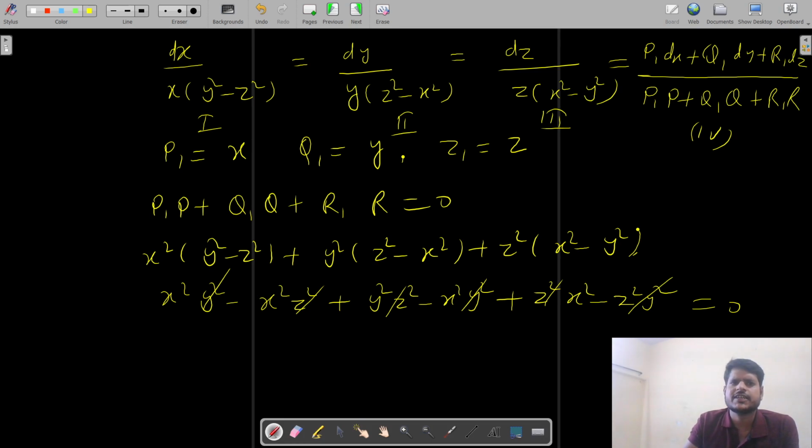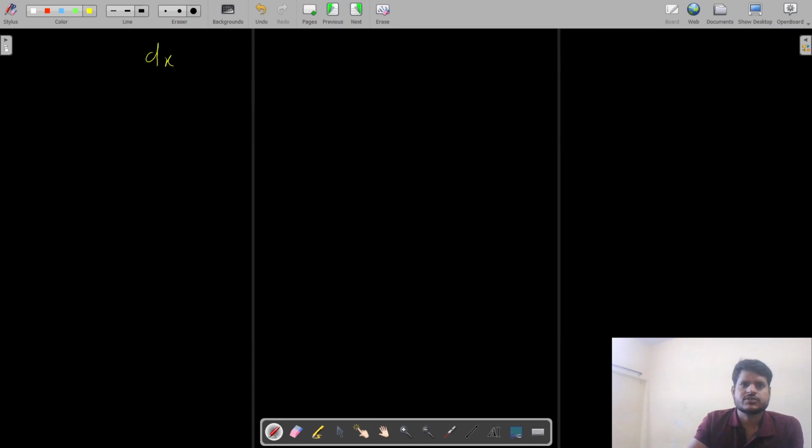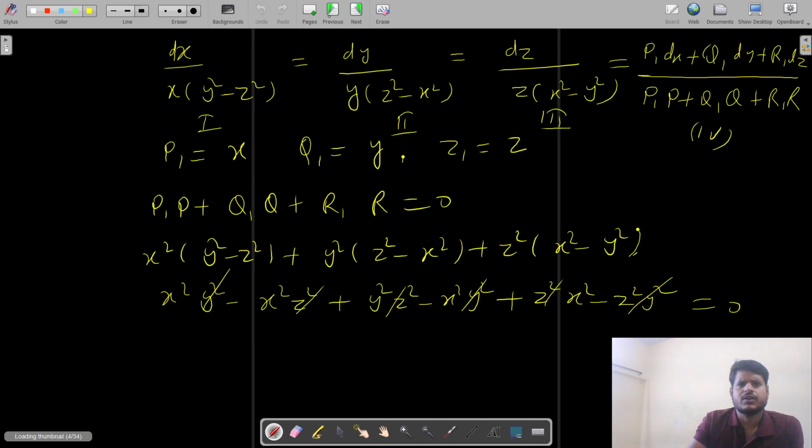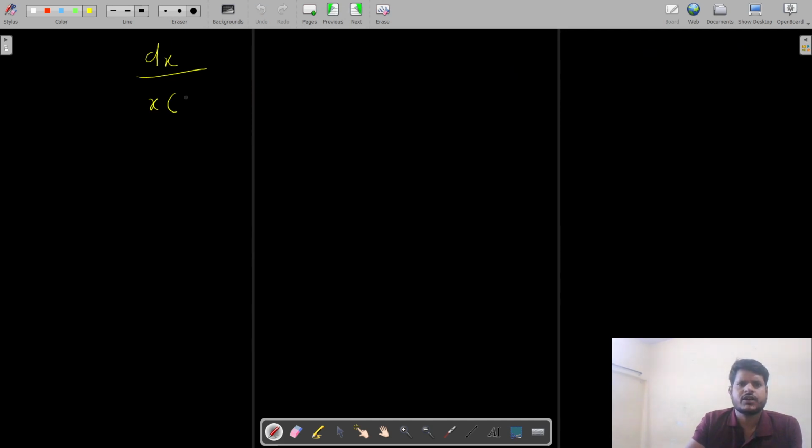So I am taking the first and the fourth. So this is dx upon x times (y square minus z square) equal to what?